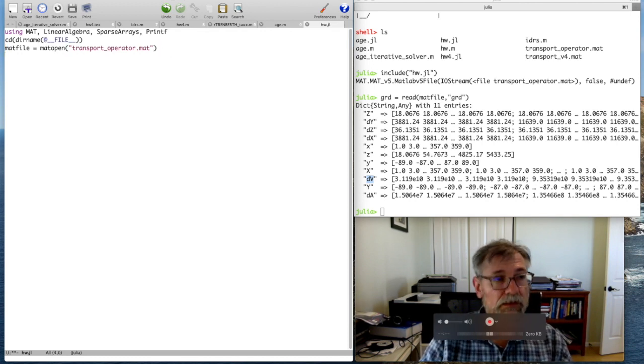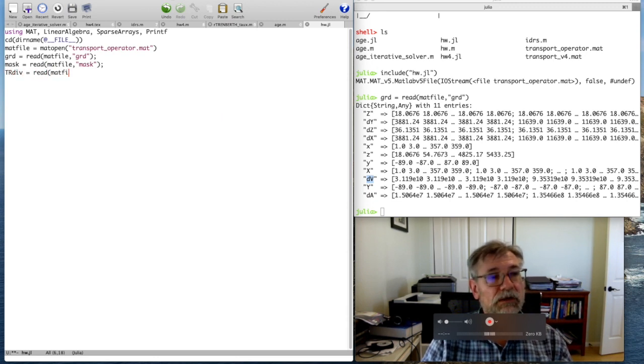So matfile, and then grd is equal to read matfile of grd. mask is equal to read matfile of mask. trdiv is equal to read matfile of trdiv.